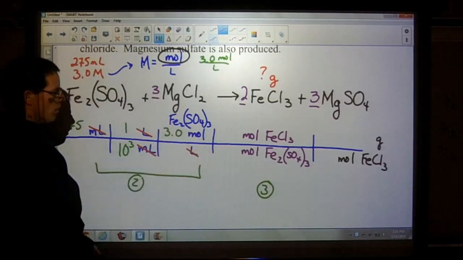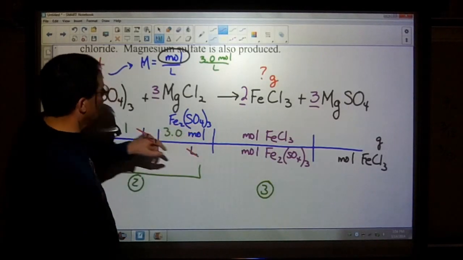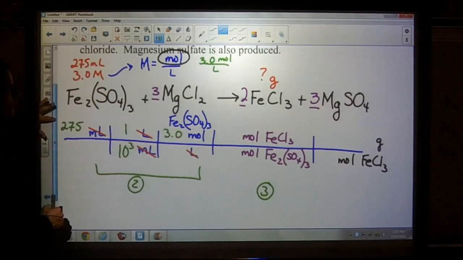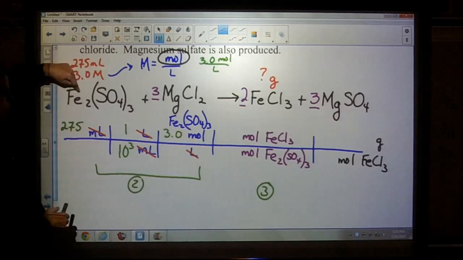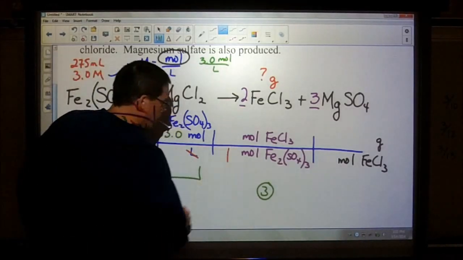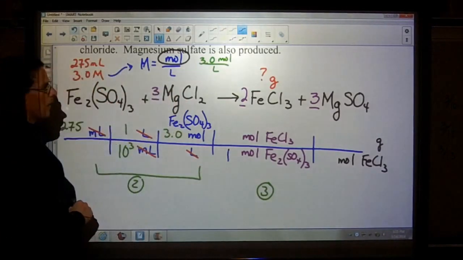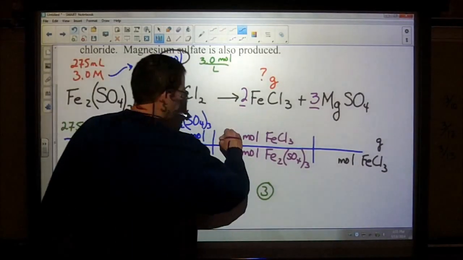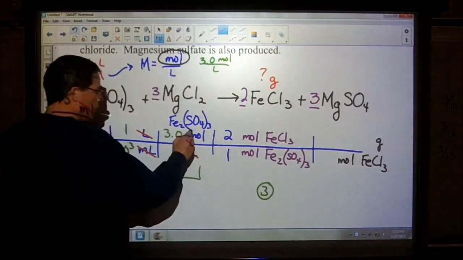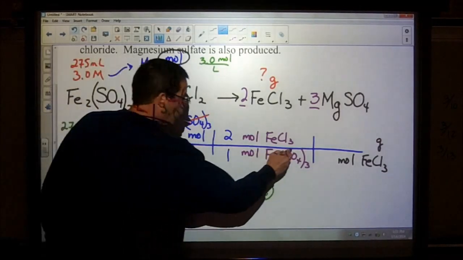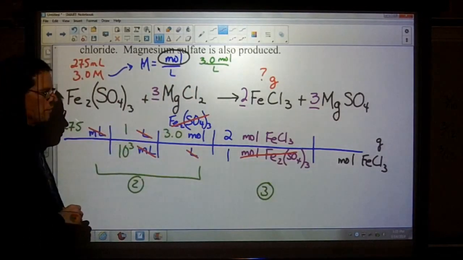So now I need to get rid of my unit moles of iron sulfate. So I need to go back to my balanced equation, which I have a 1 here. So 1 there. Actually, let's use a different color. So I have a 1 there, and the iron chloride has a 2. Okay, so now that I have the value there, now my moles of iron chloride are gone.